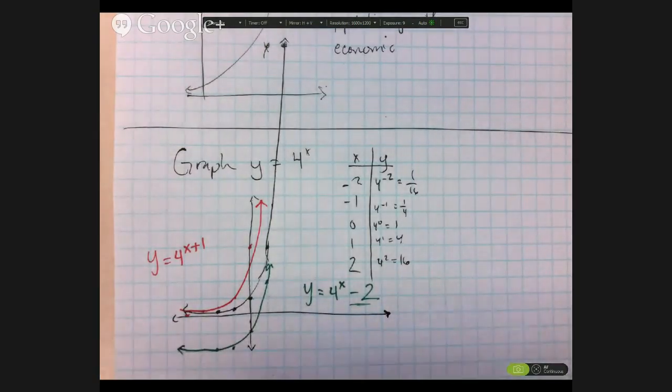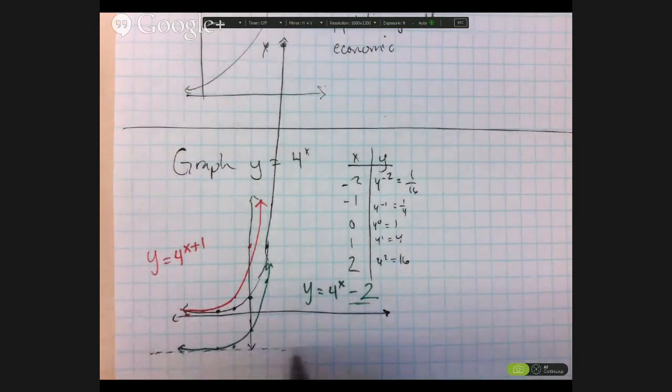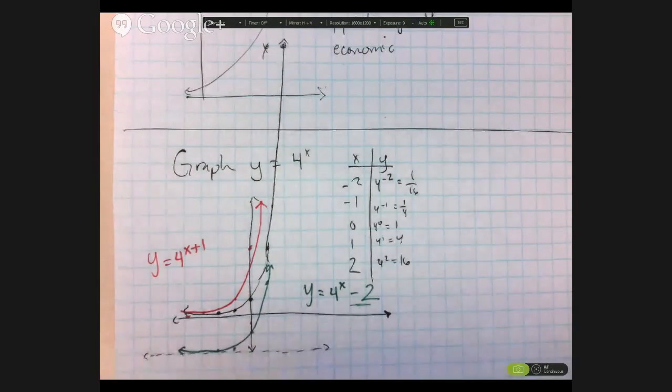Do you remember, will this ever cross that line? Do you remember what those are called? We use it in hyperbolas. Asymptotes, yes.